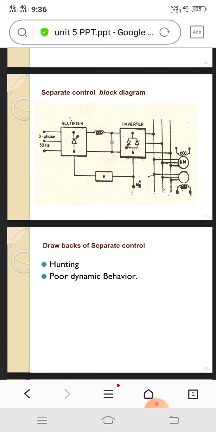Our aim is a perfect output. If we want to achieve a perfect output, we have to keep doing it again and again. This process is done by the closed loop system.